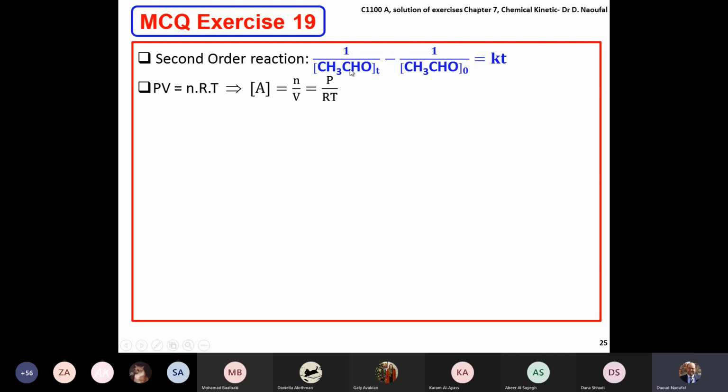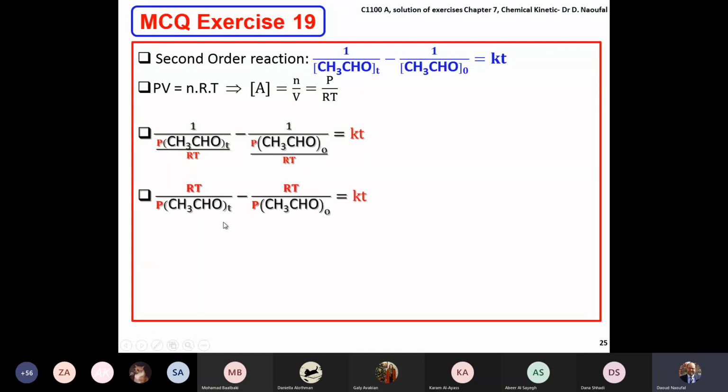Now we can replace the concentration of CH3CHO at time T by its value P over RT. So 1 over the pressure of CH3CHO at time T divided by RT, minus 1 over the initial pressure of CH3CHO divided by RT, equals KT. So RT divided by the pressure at time T minus RT divided by the pressure at T equals 0 equals KT.